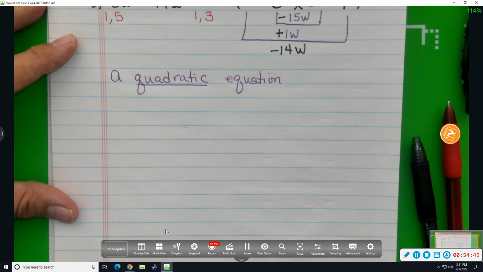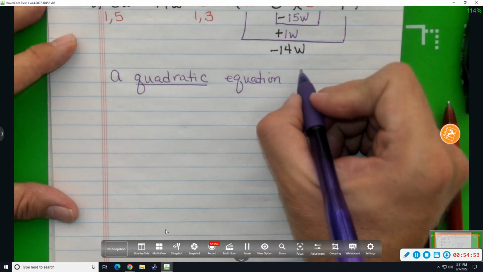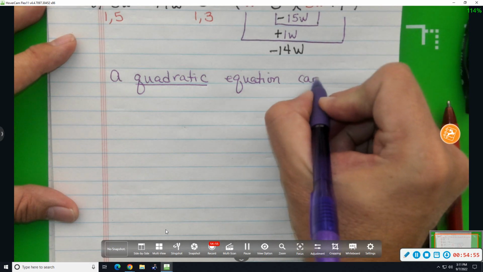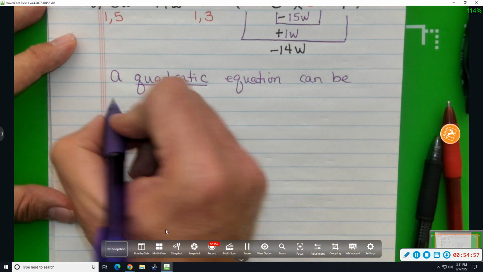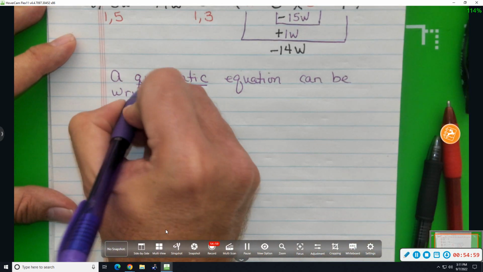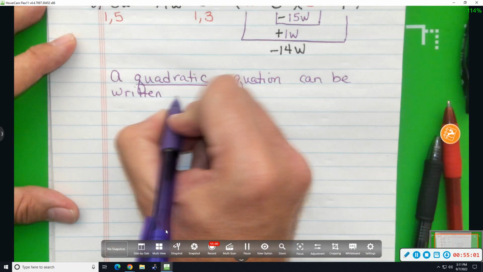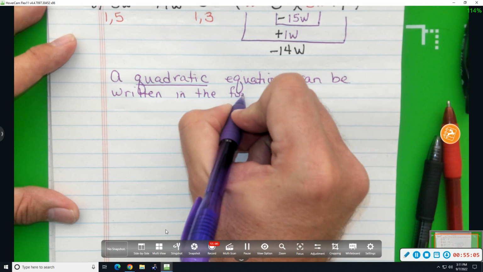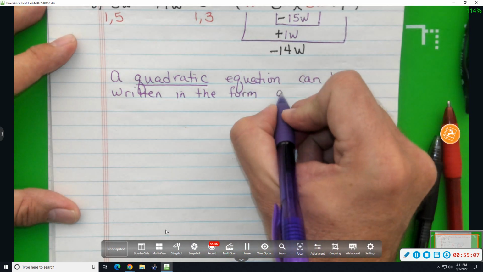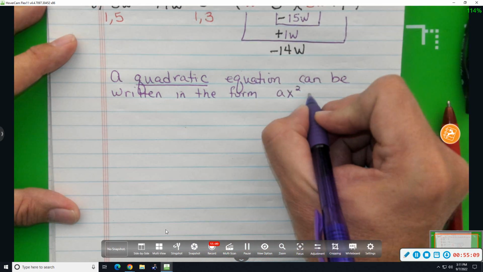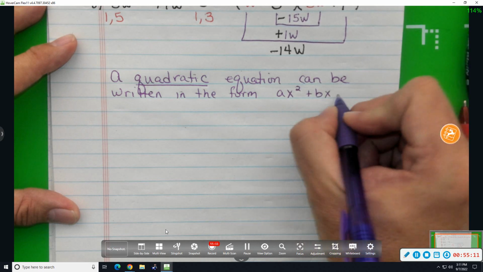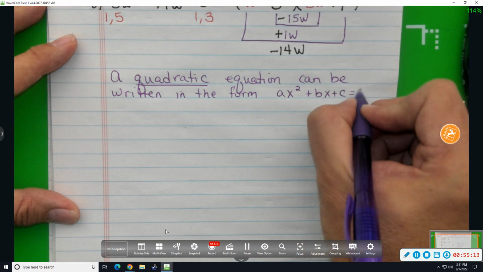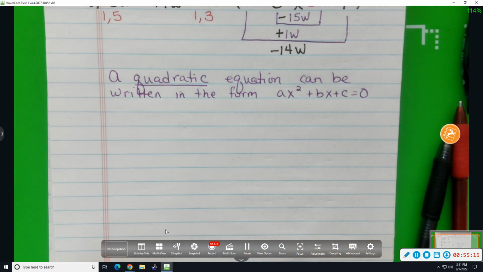It's a statement with the equals. Okay? A quadratic equation can be written in the form ax squared plus bx plus c equals 0.